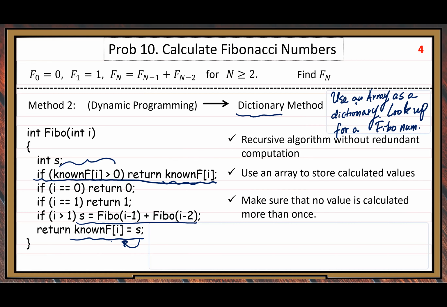After you assign one Fibonacci number to one position, it becomes positive, so the next time you can return that value directly. You do not need to recalculate it. This way, with this condition check, you guarantee each Fibonacci value is only calculated once.